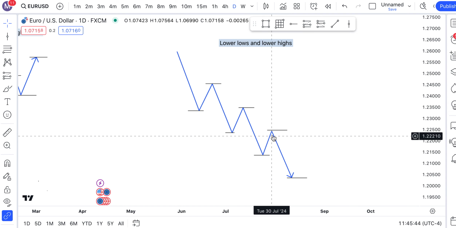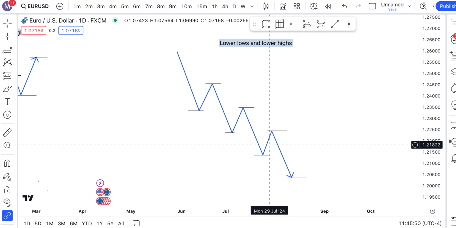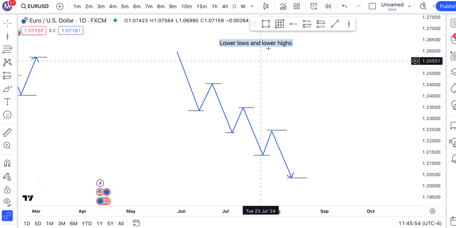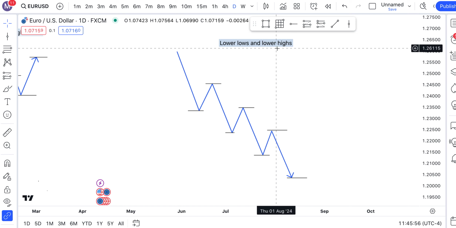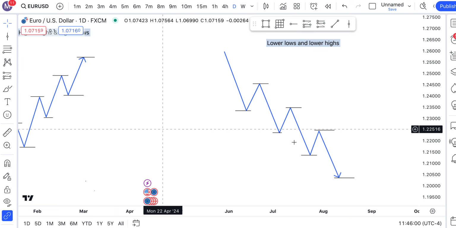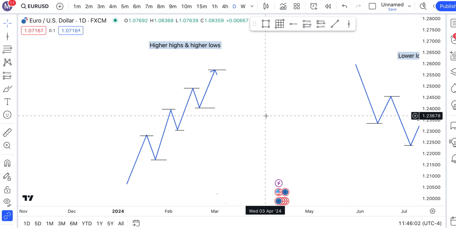But because it is staying as a lower high, because it's lower than the previous high, we can say that it's still in a downtrend. But if that high gets broken, then it's no longer a lower high. It's a higher high because it's higher than the previous high, meaning we're now in a bullish trend.